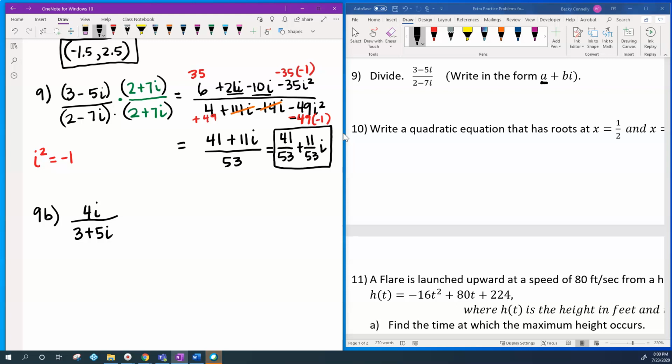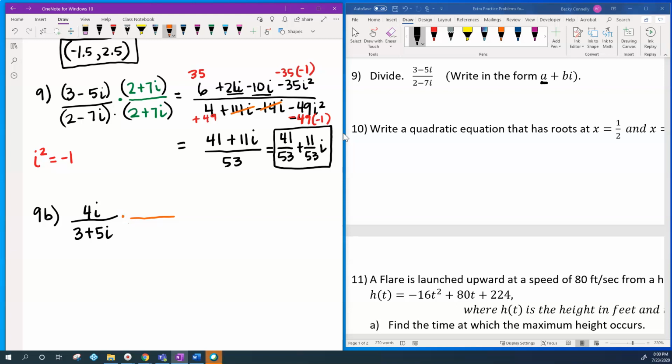Okay, so go ahead and see if you can think, what would you do first here? Okay, so hopefully you started off by multiplying by the conjugate.